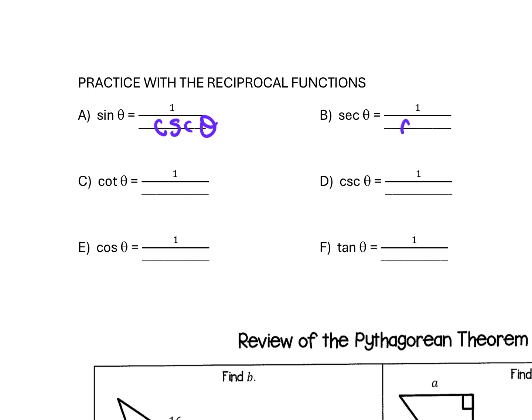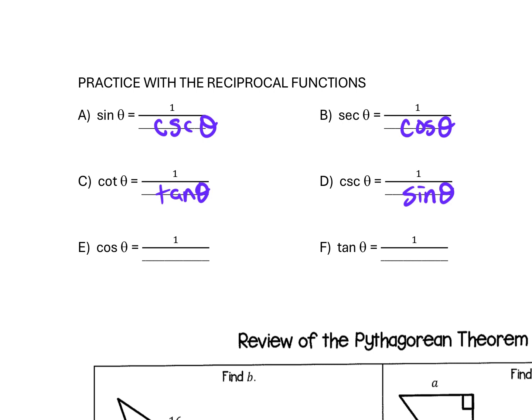Cosine, there you go. So secant of theta is equal to 1 over the cosine of theta. Cotangent of theta is equal to 1 over what? Dina? Tan. Yep, 1 over tangent of theta. Good. Letter D, cosecant of theta is equal to 1 over what? Sophia? Sine theta. Good. We have our C with the cream, and then we need our S, so sine.